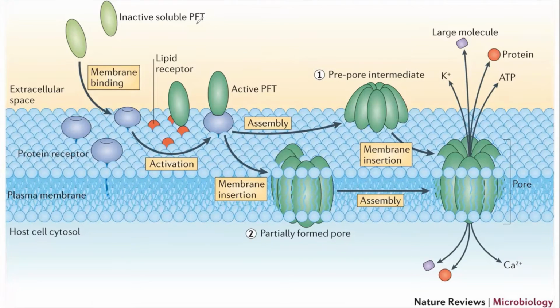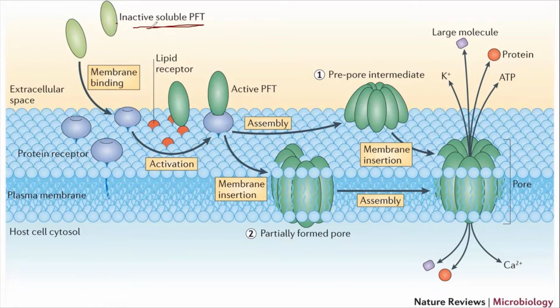Can you see PFT, pore forming toxin? So they are first the inactive soluble PFTs, right? They are very small. Now they get the receptor or the lipid, which is the lipid raft here, okay? They come and they bind to that. Now once they bind, what is happening?